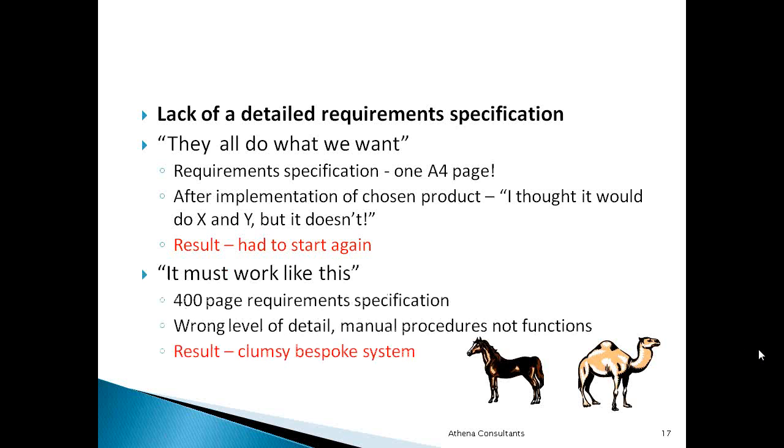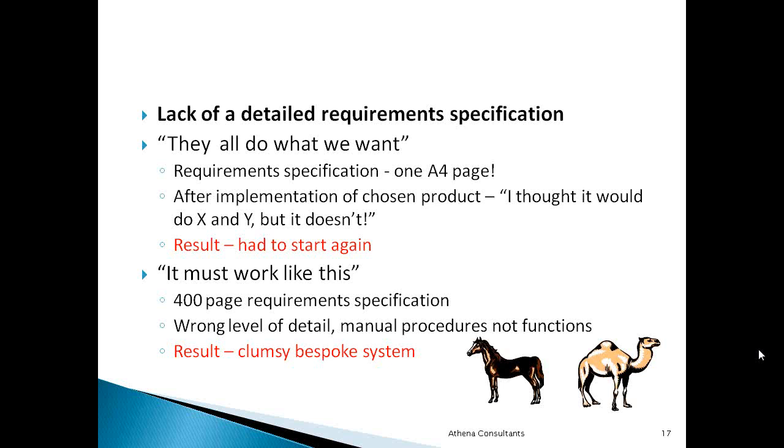And the other extreme to that was a 400-page requirement specification, which wasn't really a detailed requirement specification. It was a procedures manual that said how they do all their manual procedures, and as a result, the supplier had to do all sorts of bespoke development, and they ended up with a monstrous system that wasn't really suitable at all.